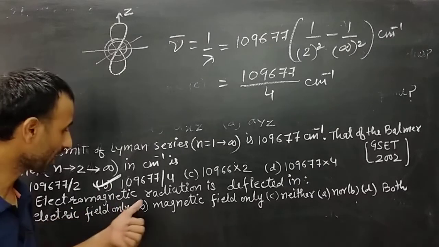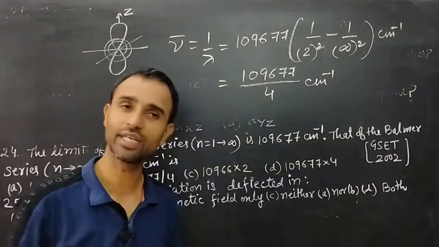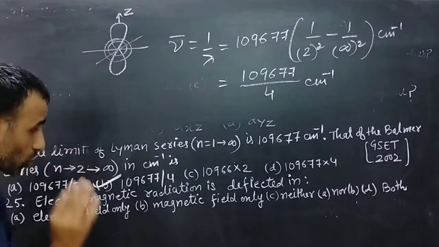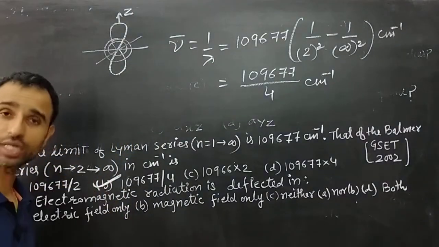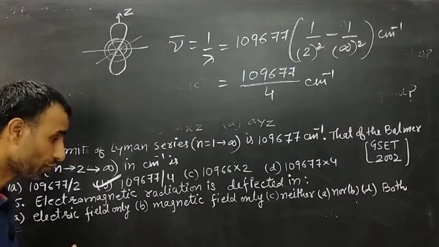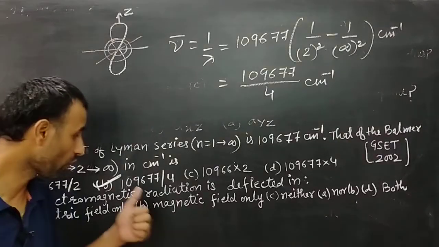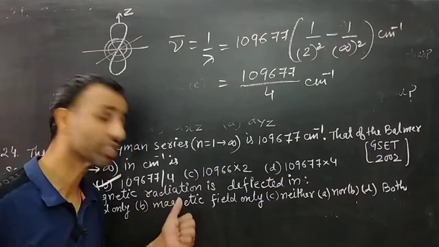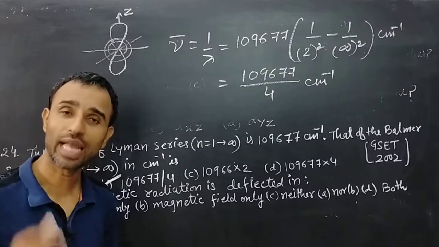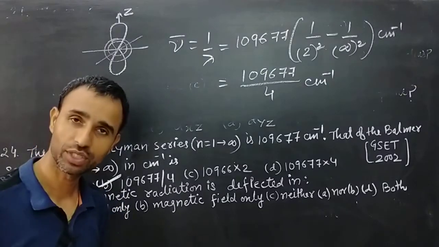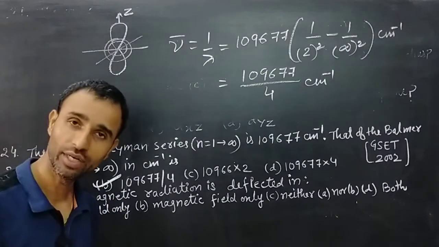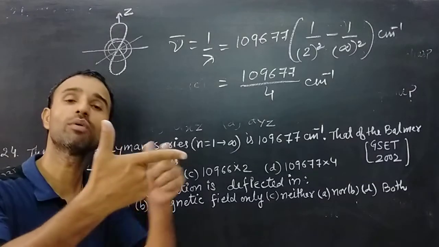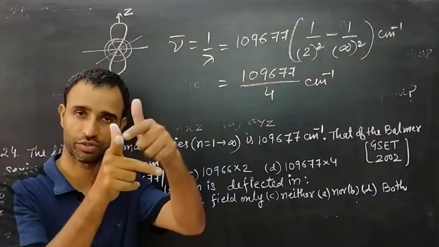Then, electromagnetic radiation is deflected in. So you know, electromagnetic radiation is not deflected by electric field or magnetic field, because electromagnetic radiation is associated with electric and magnetic fields which are perpendicular to each other as well as to the direction of propagation. It is like this.